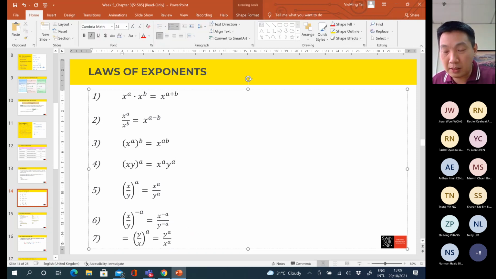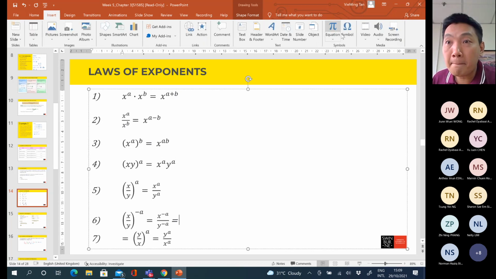It's still not in the simplest form. We don't want a negative index. So if you want to change the negative index to a positive index, how? If the index is negative a, you can move it down and it becomes positive. So this one is also similar to this.